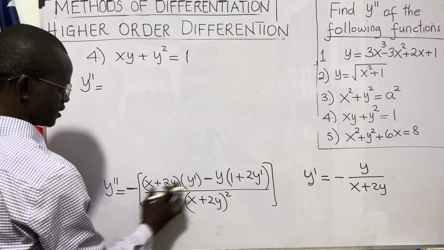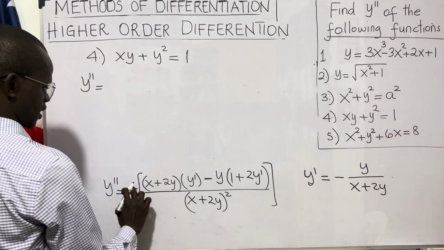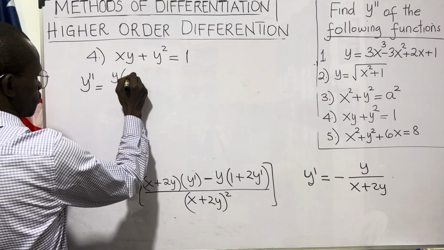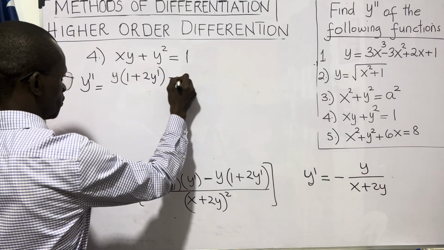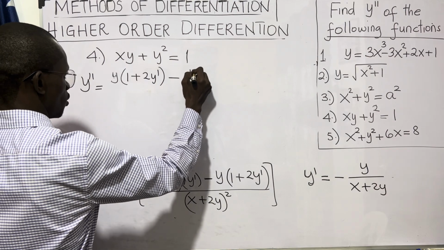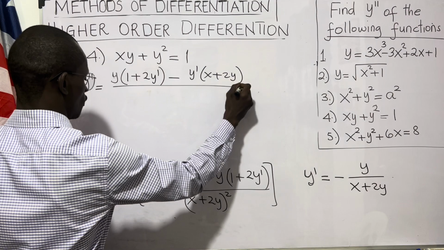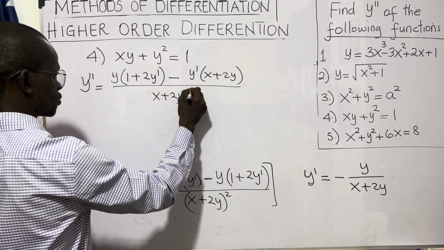So this times this gives us the positive first. Negative times negative is positive, so it's y times 1 plus 2y prime, and then minus y prime times x plus 2y, all over x plus 2y all squared.